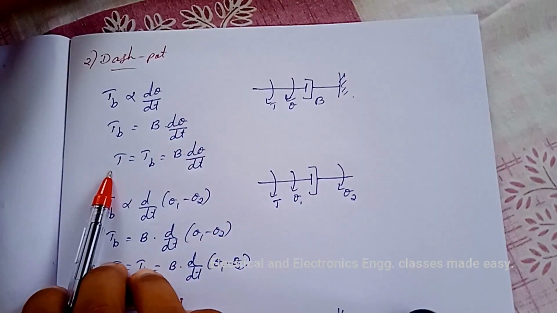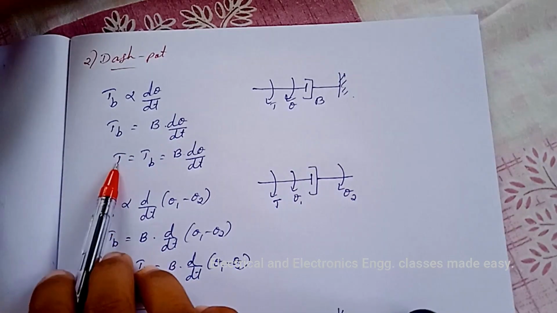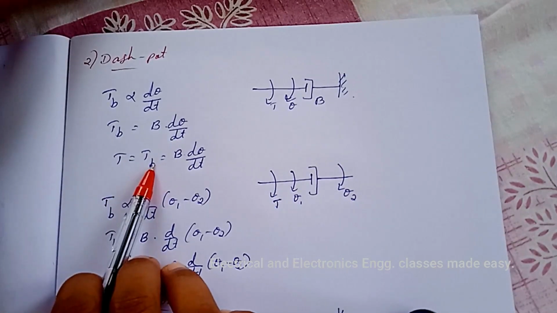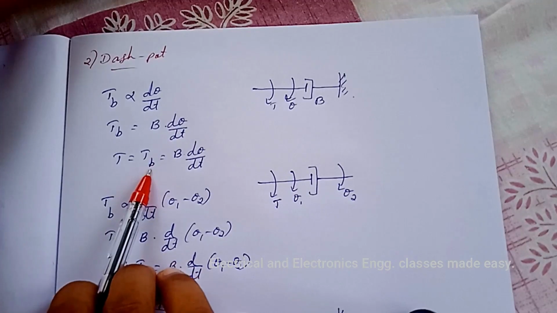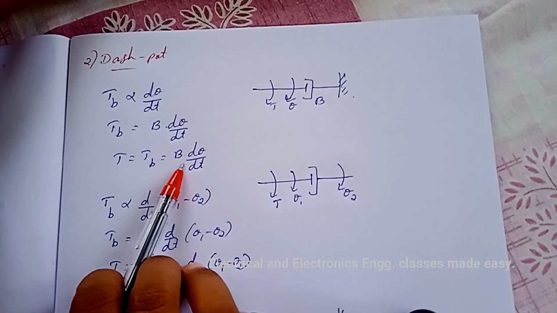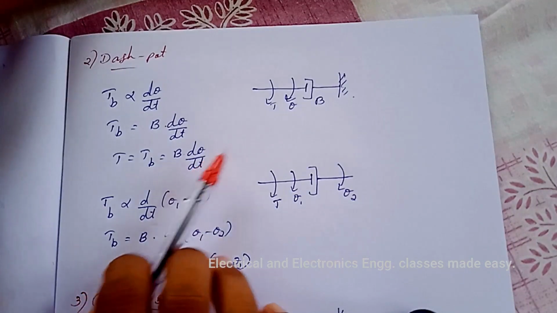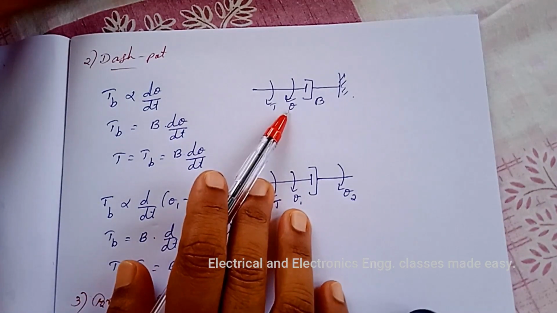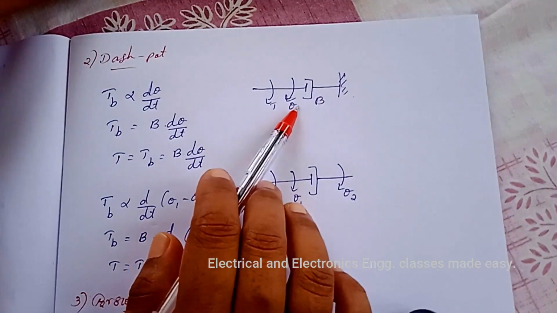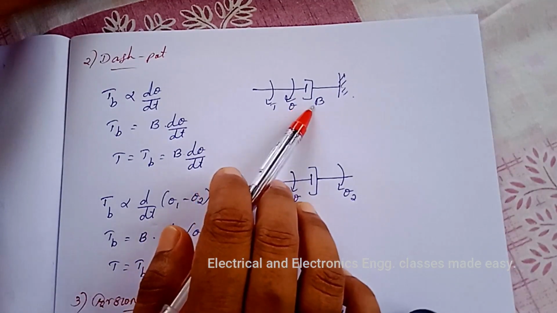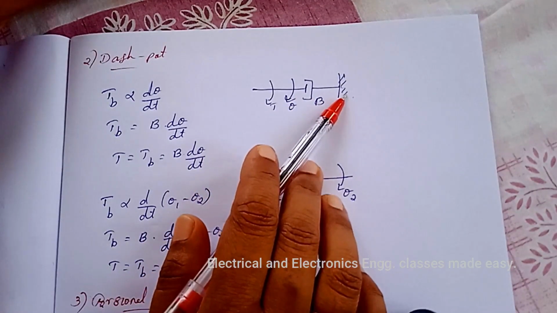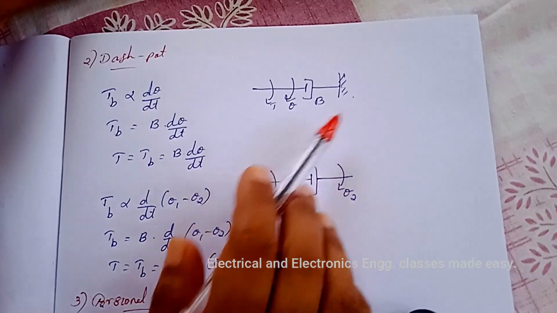By Newton's second law, the applied torque T is equal to the opposing torque due to friction Tb, and that is equal to B into d theta by dt. So this is the case of the ideal rotational dashpot with one end fixed to reference.